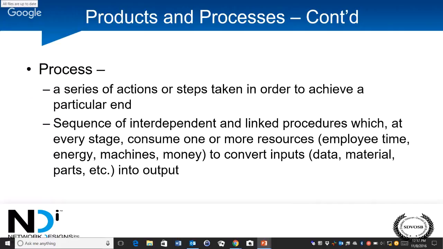So in order to get to a product, we have to go through a series of processes, actions, steps, procedures that we use to get to our final goal or product, if you will. So just by way of definition, that's what those things are, and that's what we will be looking at as we go forward with CMMI and NDi, that we will be looking at these processes, what we do in order to get to our product, and are we efficient at it? Are we doing what we should be doing, and are we doing it the best that we can do?